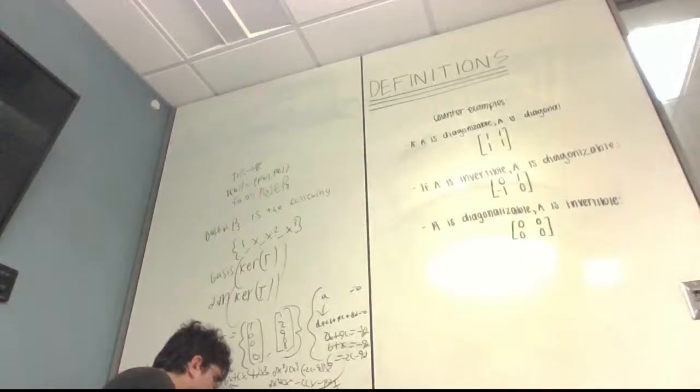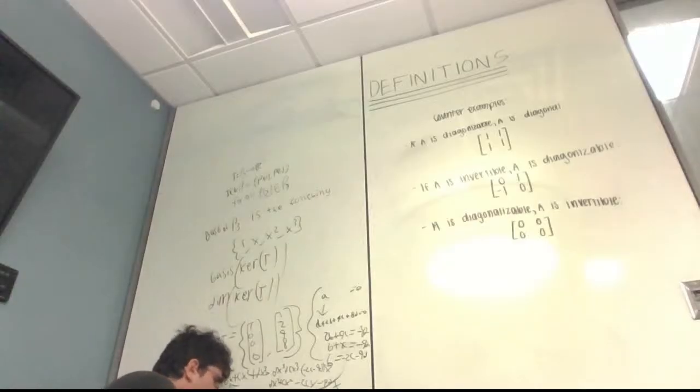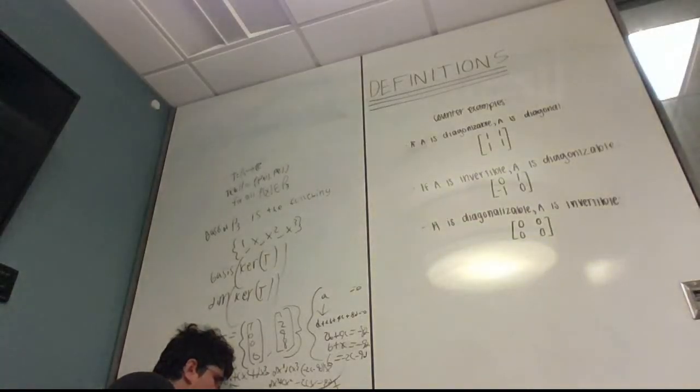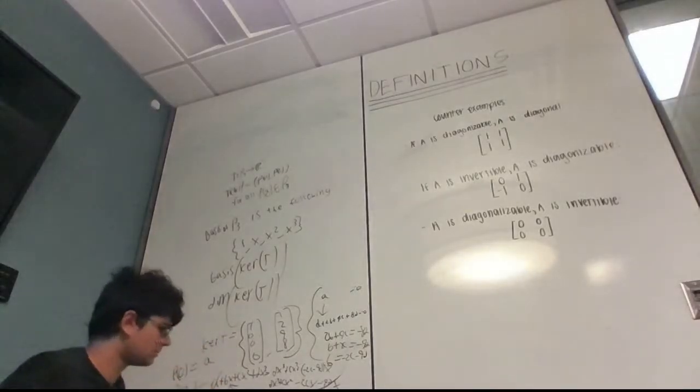So your basis vectors are the following: x squared minus 2x and x cubed minus 4x. Yeah, that's your basis.